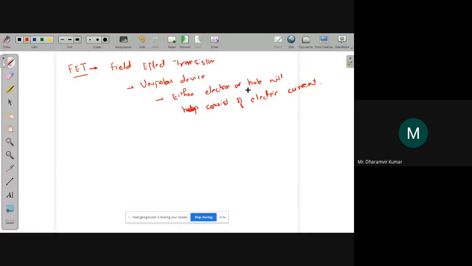Why is it so, what is its structure, and how does it conduct? We will come to the behavior, the working and circuits, all these things in the next module. But just for comparison between FET and BJT, you can remember these points.